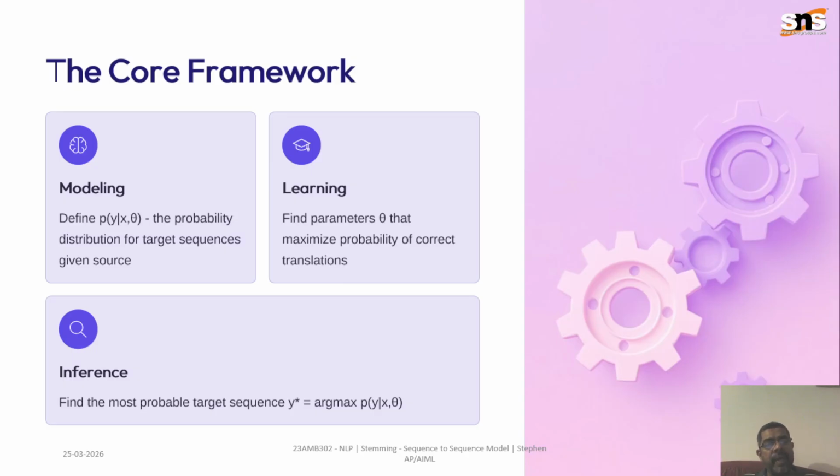Before we enter into the core framework of seq to seq, I want to share a little bit of pre-history, a pre-intro on how seq to seq works. We already know the types of neural networks.